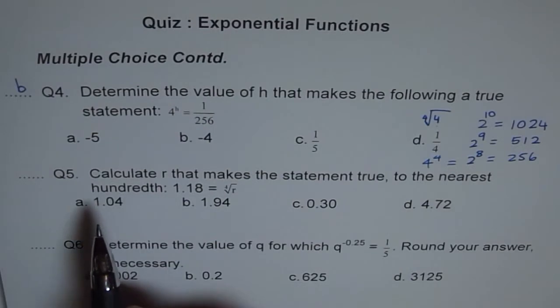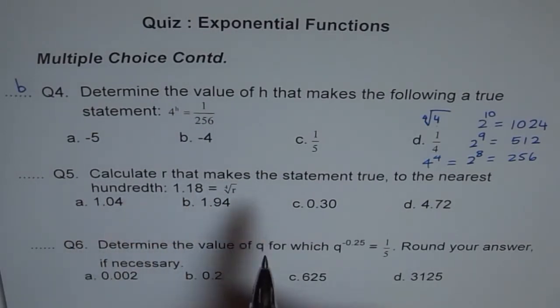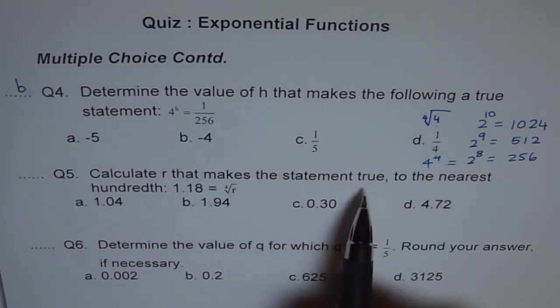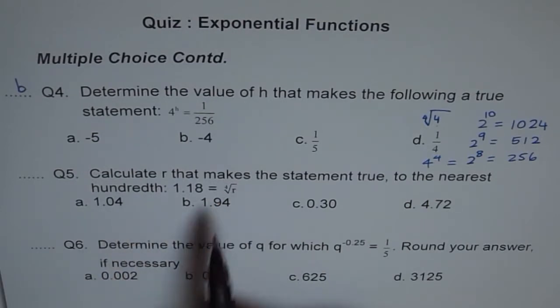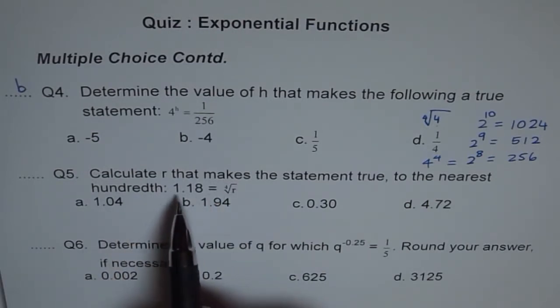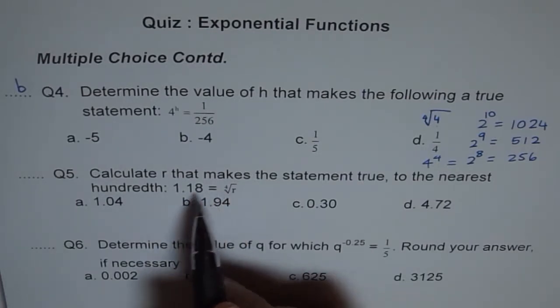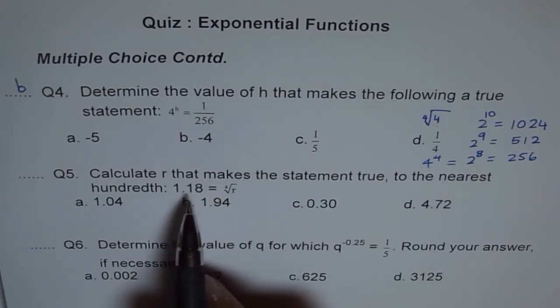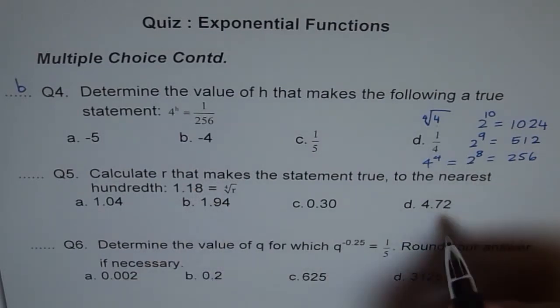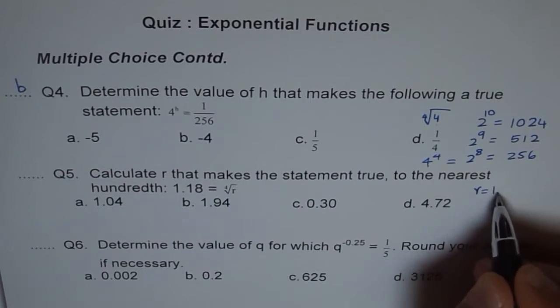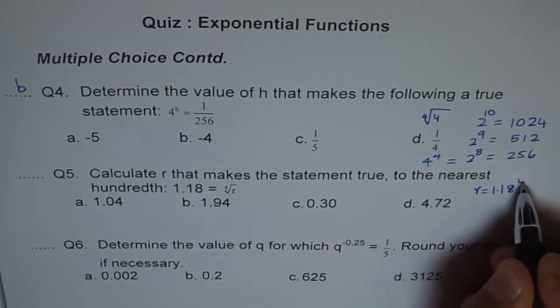Now, here, calculate r that makes the statement true, to the nearest hundredth. So we have 1.18 equals the 4th root of r. Then what is r equal to? To find r, we write r equals 1.18 to the power of 4.